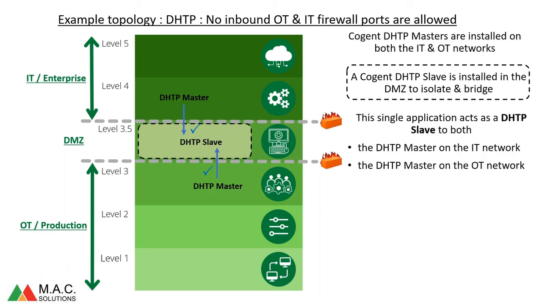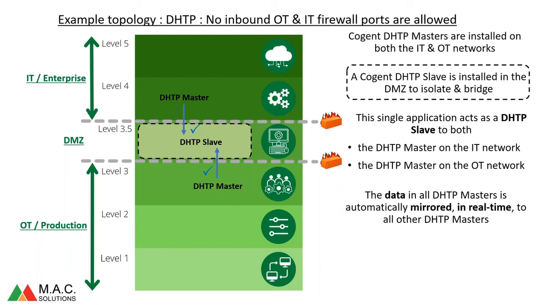It'll act as a connection, a bridge and an isolation between those two masters. All the data between the two Data Hub Masters will be automatically mirrored. Anything that changes on the OT side will instantly be mirrored on the IT side and vice versa through this middleman of the DHTP slave. This is the Cogent product, which is unique in providing this type of mirror approach.